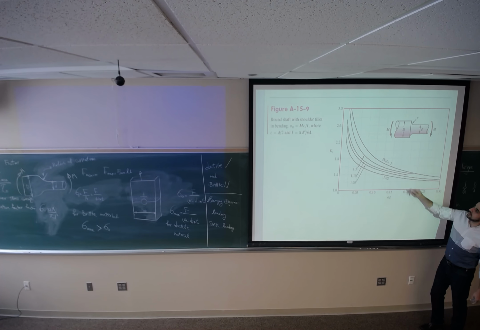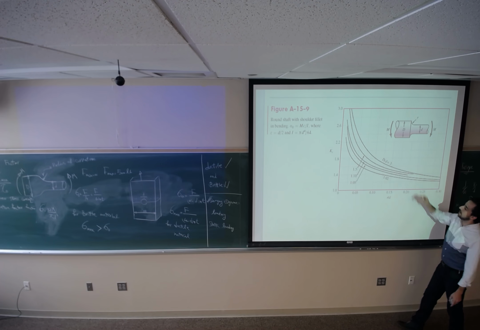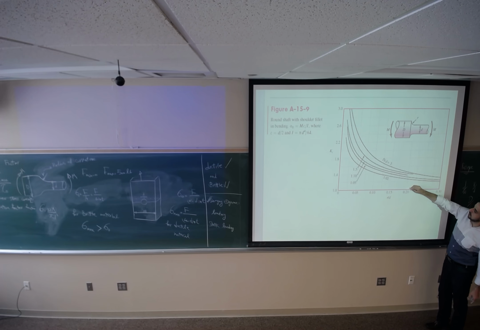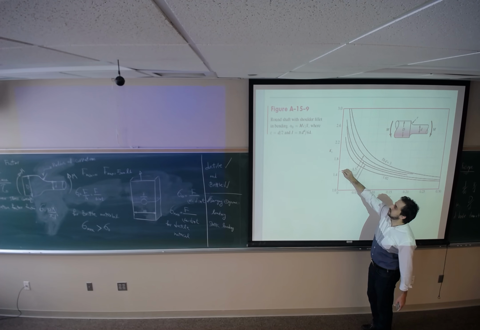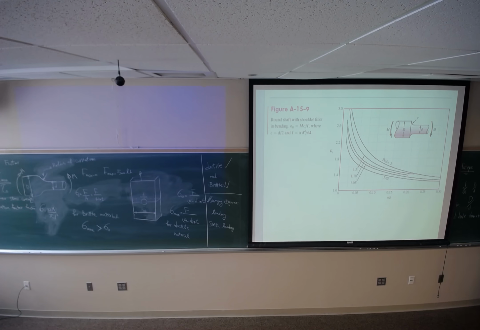Then, depending on the ratio between D, uppercase, and the smaller diameter d, you will find which curve you should move on. Suppose D over d is 1.2, it goes up, this is 1.6, this is 1.5. KT would be 1.5.